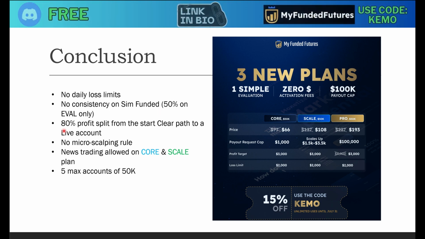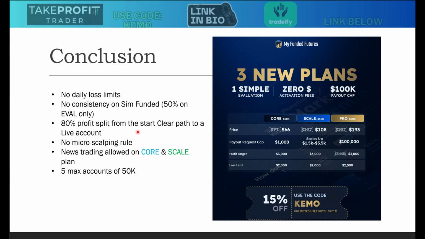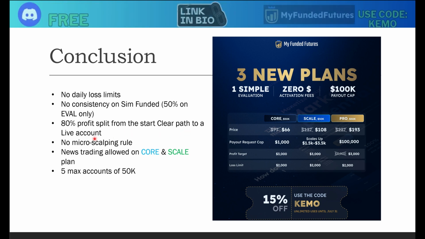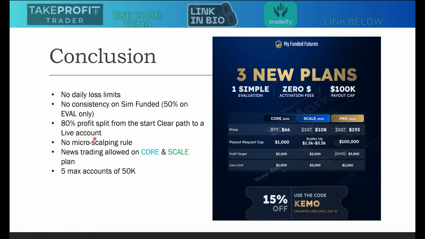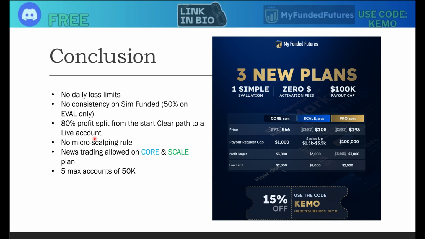Then you have a 50% profit split from the start, a clear path to a live account. They will take 20% commissions, and they will give you the rest, 80% of your profit.